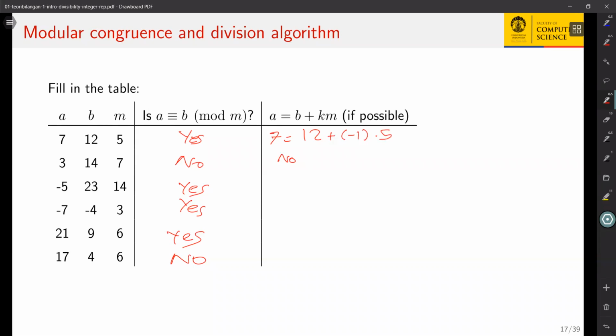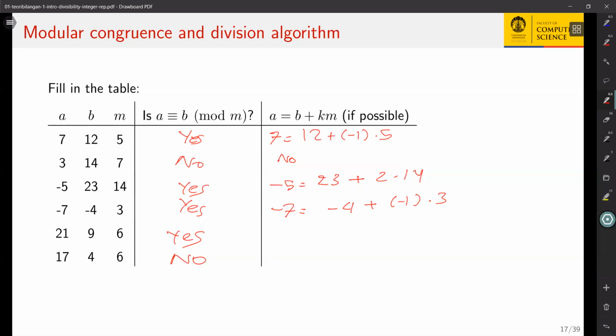So how about this one? This one is just minus 5 is equal to 23 plus, of course, 2 times 14, right? And then, of course, here minus 7 is minus 4 plus minus 1 times 3.